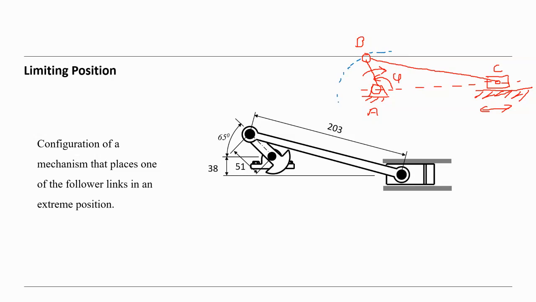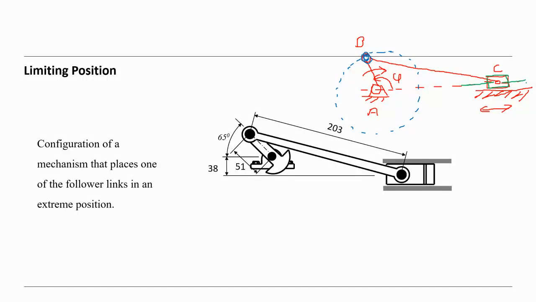This point here makes circular motion. And the slider, let's use another color, the slider makes linear motion, so it moves in that direction or in that direction.